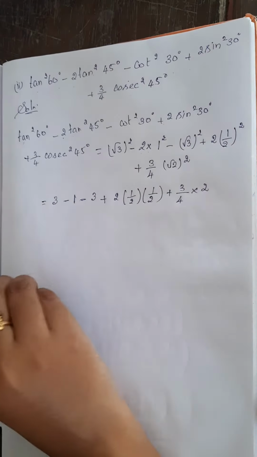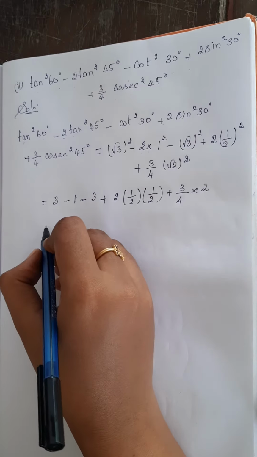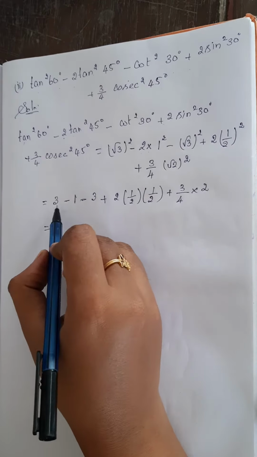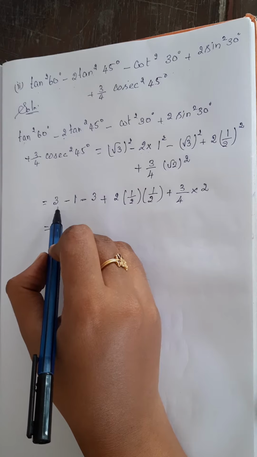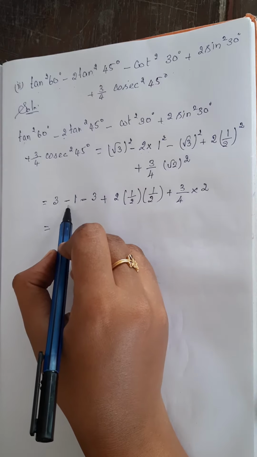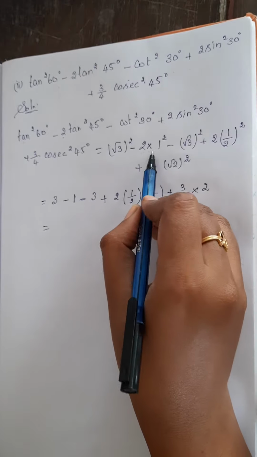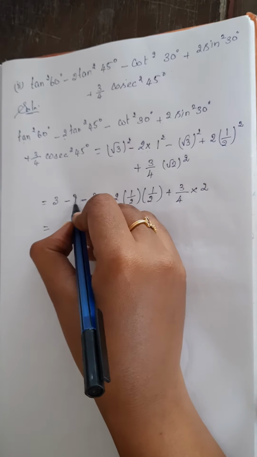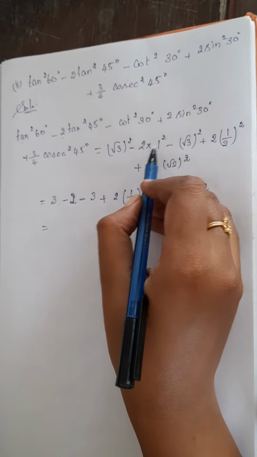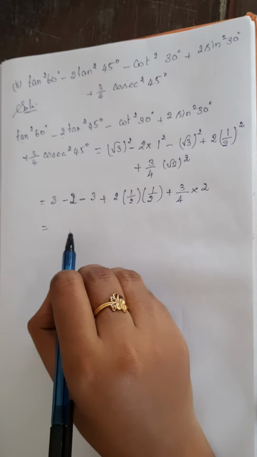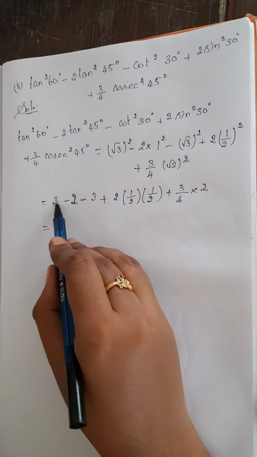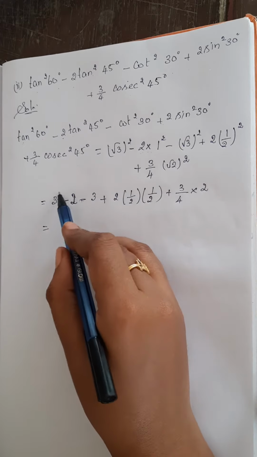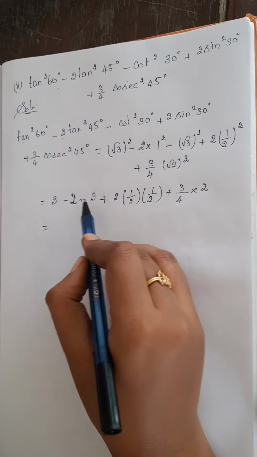Okay, then what is this value? Sorry, 2 into 1 square. So 2 into 1 square is 2. Look at it, it is 3, it is minus 3. So when you subtract, it will be cancelled. 3 minus 3 is 0.